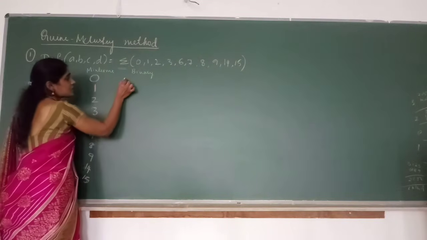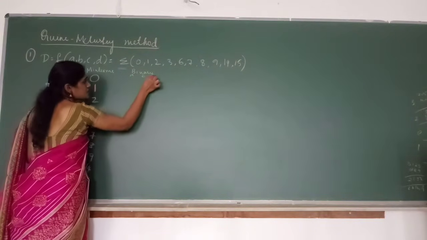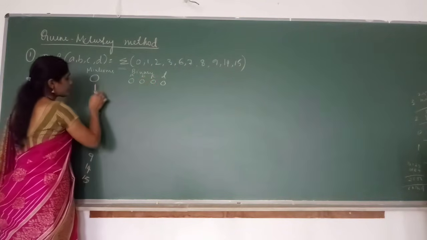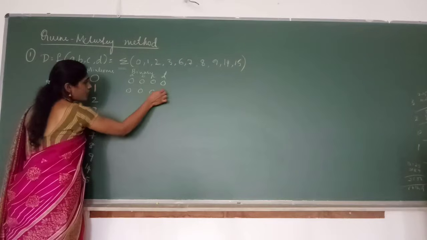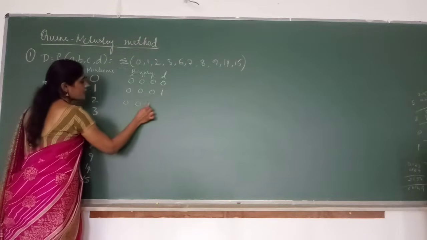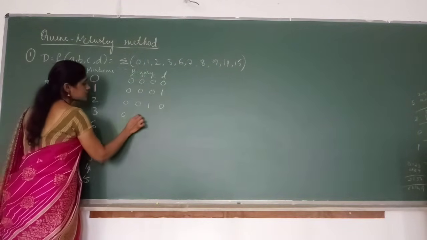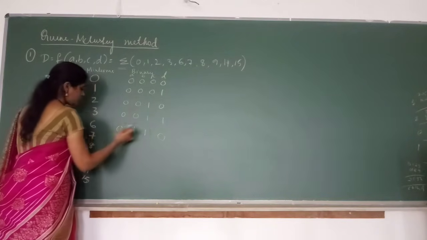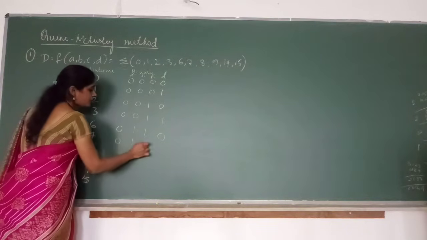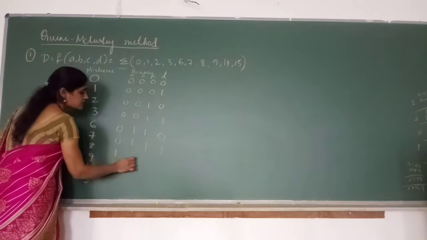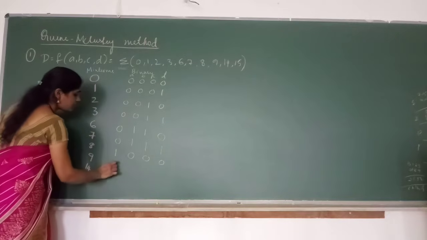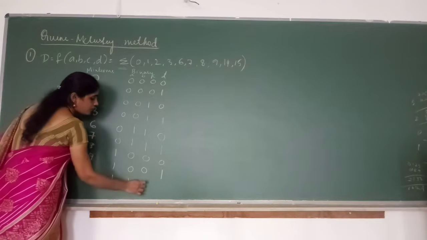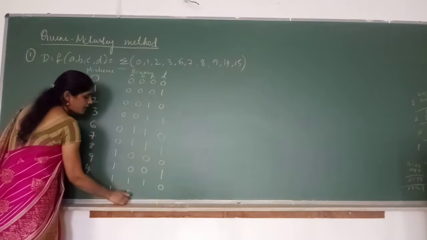So if I take this as A, B, C, D, how do we represent 0 in binary? 0 is 0000. 1 is 0001. 2 is 0010. 3 is 0011. 6 is 0110. 7 is 0111. 8 is 1000. 9 is 1001. 14 is 1110. 15 is 1111.